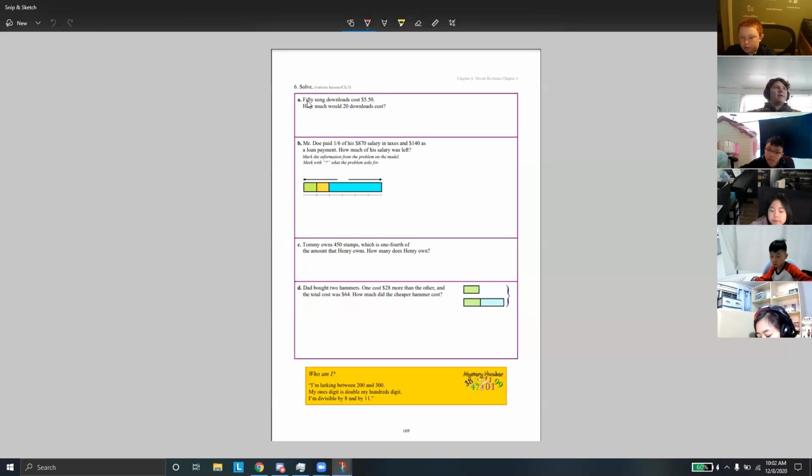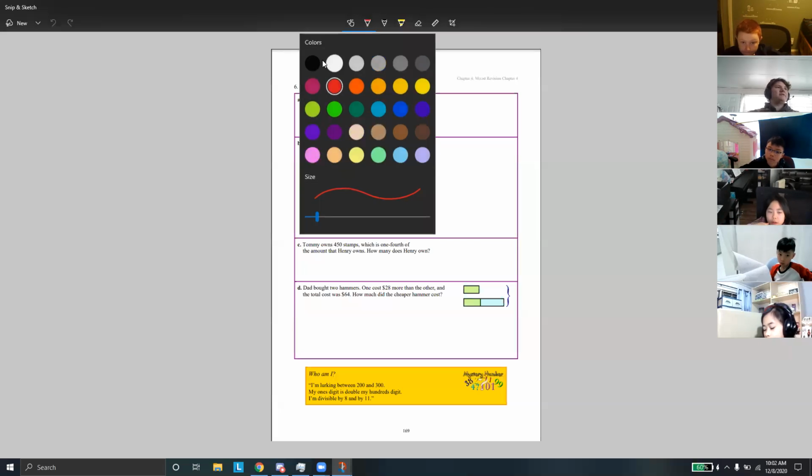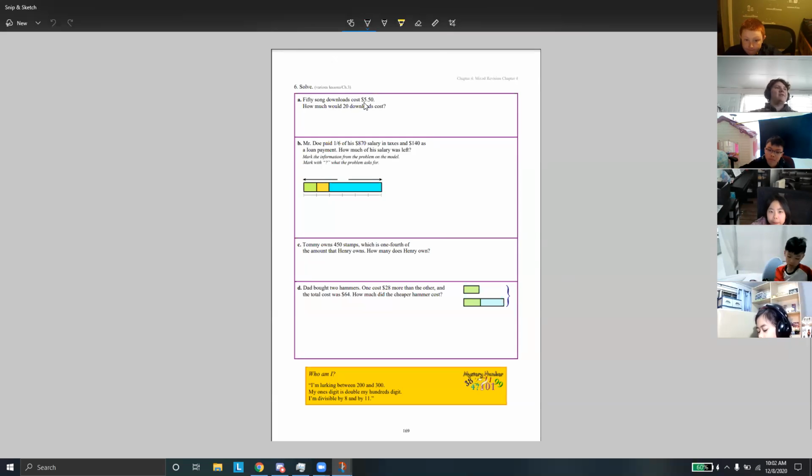Solve. A, 50 song downloads cost $5.50. So how do I write that in an equation? Well, 50 songs, so 50 times some number. Each song costs the same amount, and I don't know how much a song costs, so 50 times, or I could just write the variable right next to it.